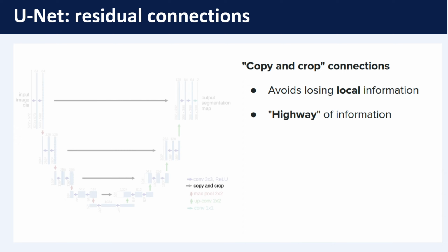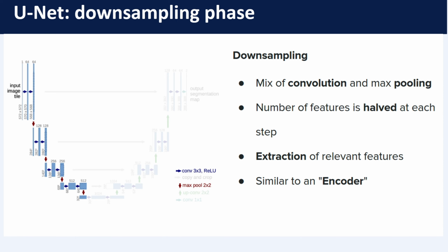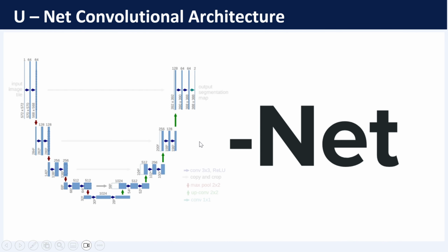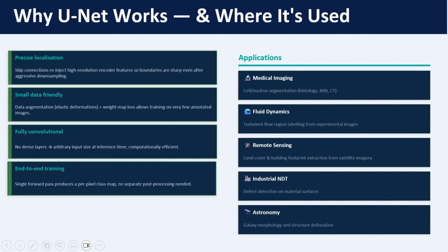And we apply the copy and crop, which is the concatenation that avoids losing local information. In the same way, we are saying to the model that any information missed in this step when we are decoding has to be added here, right? So that's it. Thank you.